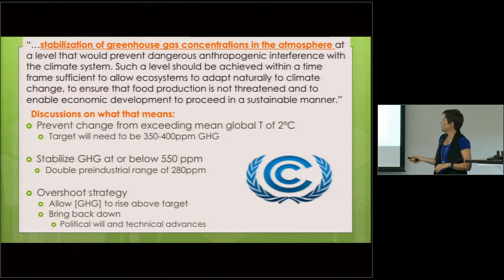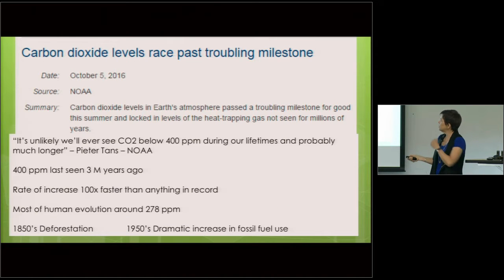Another strategy that has been talked about is called the overshoot strategy, and that's actually to allow greenhouse gases to exceed, to rise above the target, and then sometime later we'll bring it back down when we have the technological advances or the political will to do that, because maybe we don't right now. Okay. So we've already exceeded this one, right?